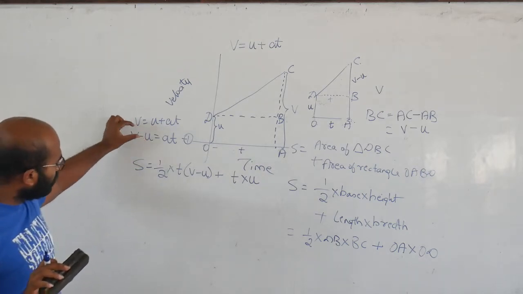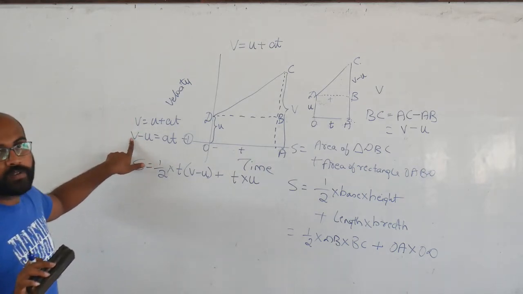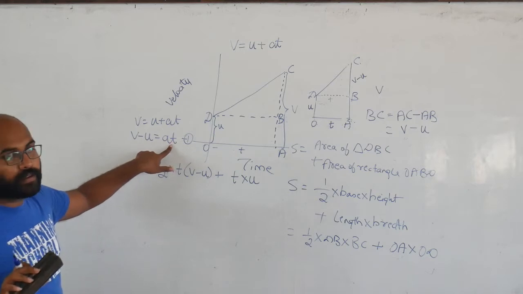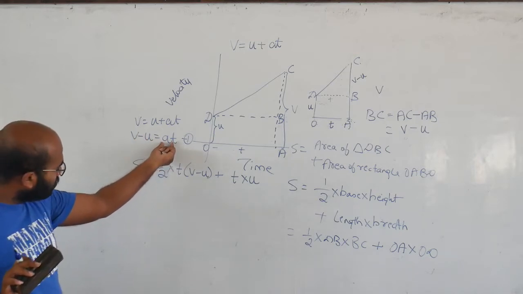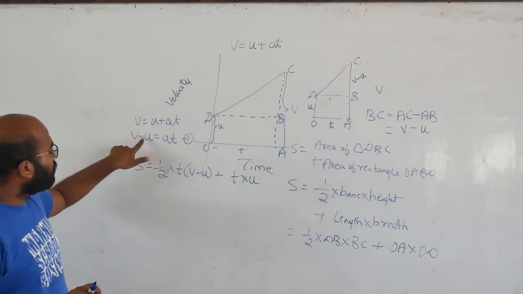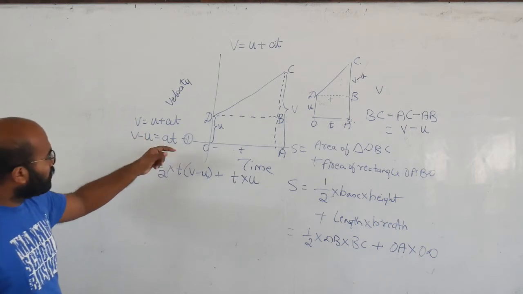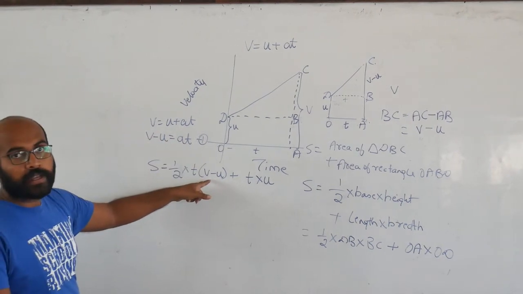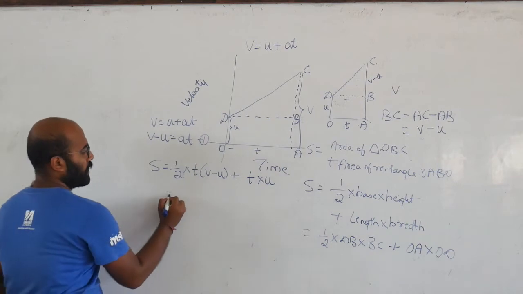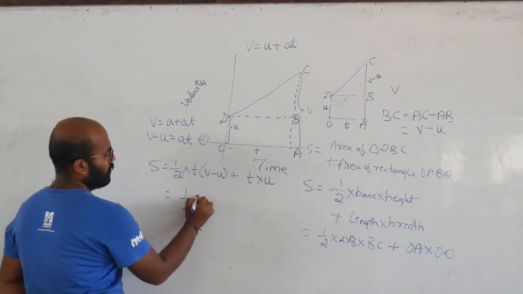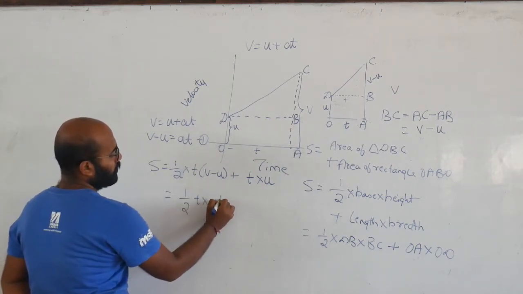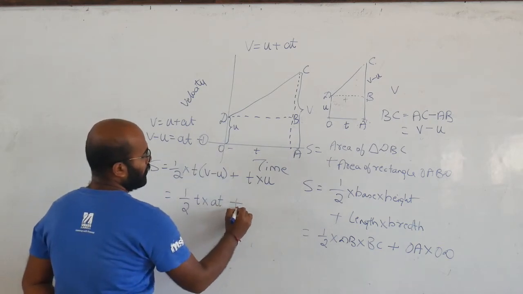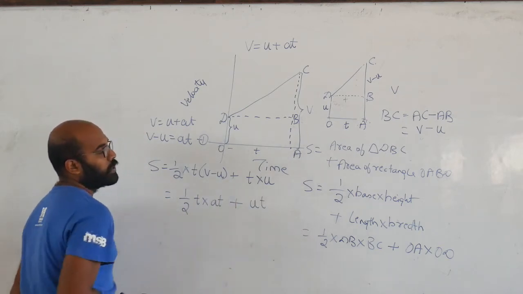I'll substitute this v minus u, which is at, here. So we get half t into at plus ut.